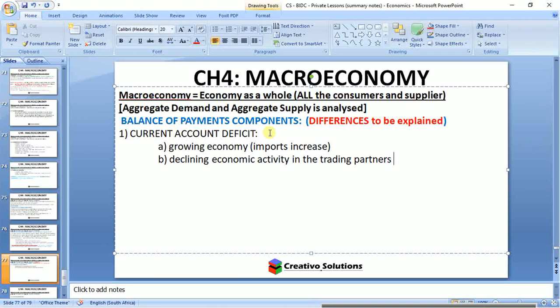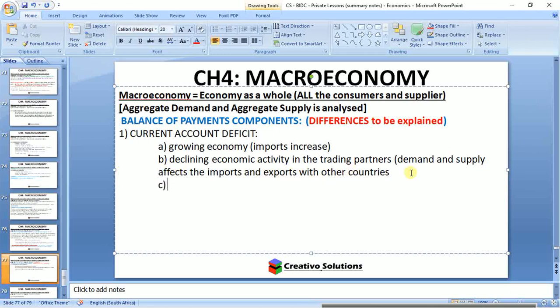Okay, so demand and supply affects the imports and exports with other countries. Yes, that's another reason why we have a current account deficit.